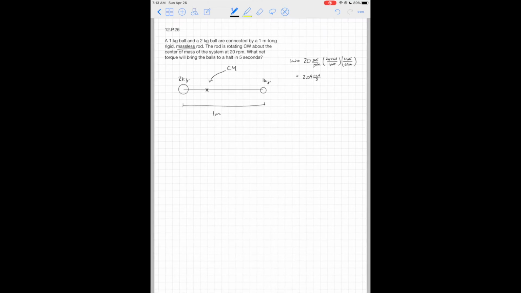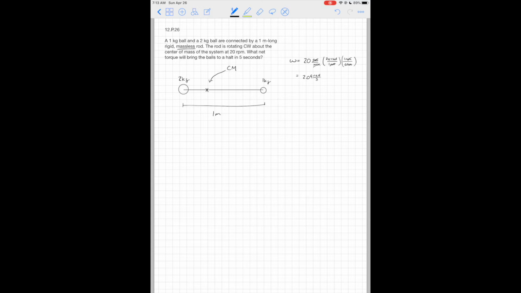All right, what net torque is going to bring the balls to a halt in 5 seconds? If I'm casting these terms in a linear sense, I'm saying what force is going to stop this moving object? What force will provide an acceleration that will make my velocity 0?